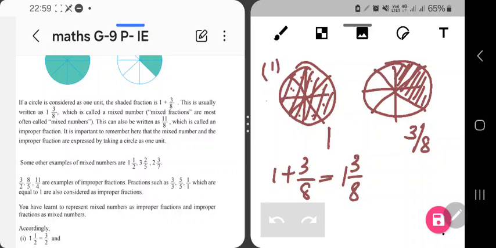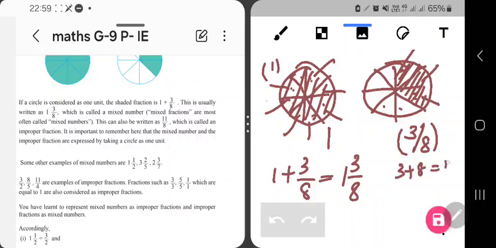The way to write that is to count the individual pieces. 3 pieces are shaded here, and in this section 8 pieces are shaded, right? If we add up those 3 and 8, we get 11.